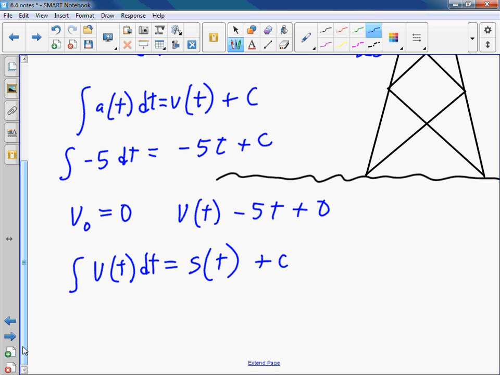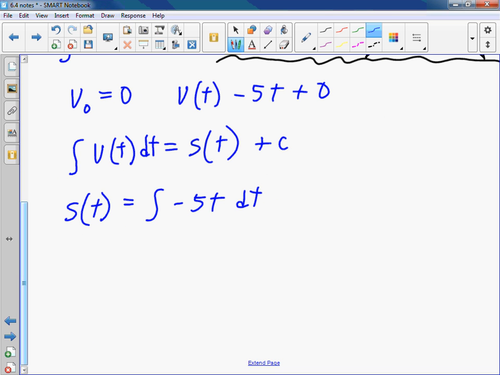And so we can say that the position with respect to time equals the integral of negative 5t dt, the antiderivative again. I know I'm saying that a lot tonight.